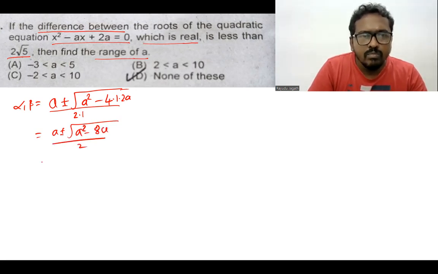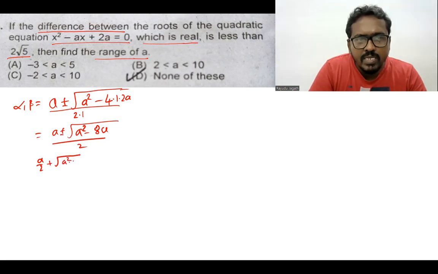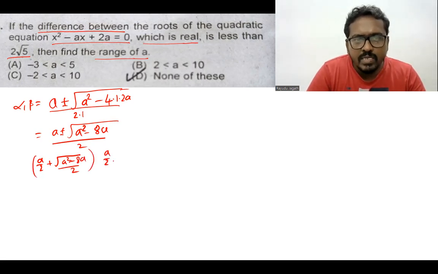Now, the roots will be a by 2 plus root of a square minus 8a by 2 as the first root, and a by 2 minus root of a square minus 8a by 2 as the second root.